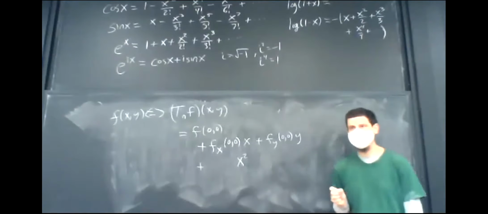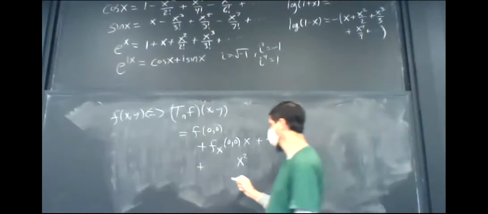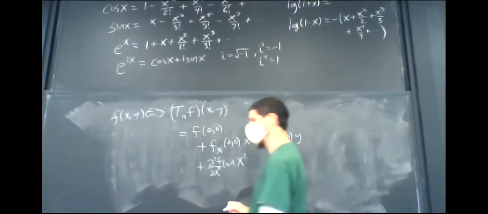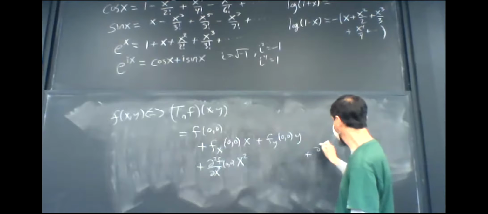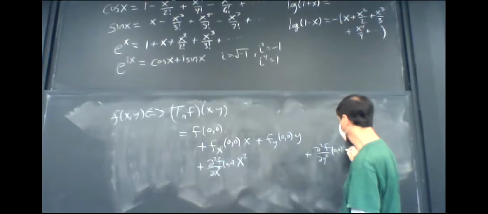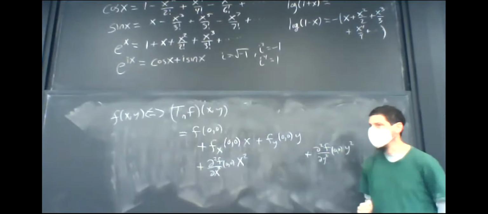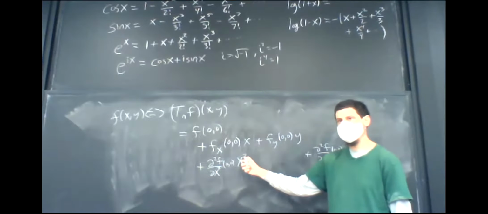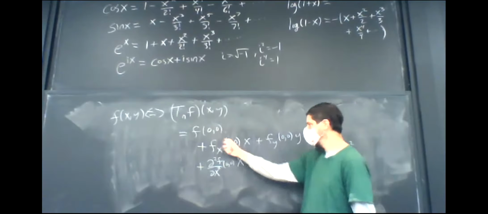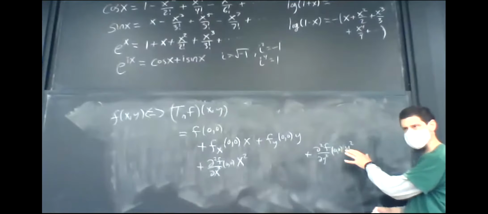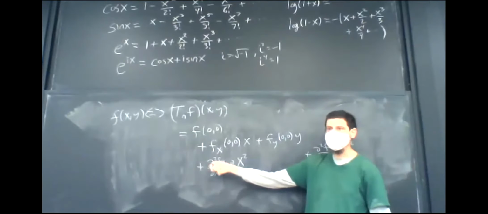So I want an x squared term. That's going to involve two derivatives with respect to x. So I'll have maybe d squared f dx squared at 0, 0. And then I'll have d squared f dy squared at 0, 0. Now when I take two derivatives with respect to x, the other terms will vanish, but I'm going to get a 2 factorial coming down.